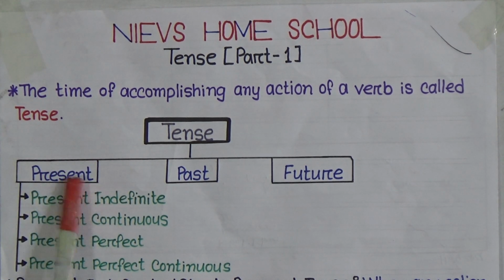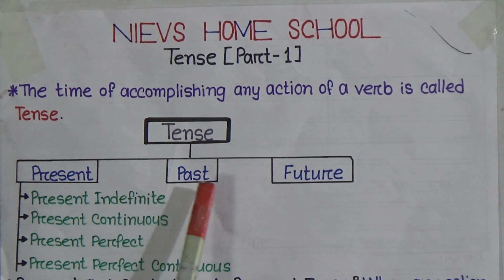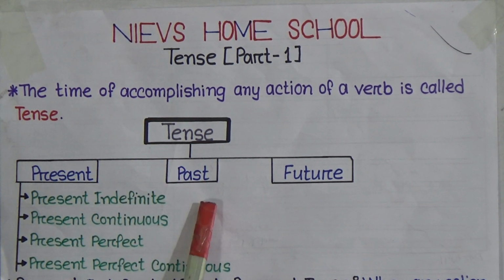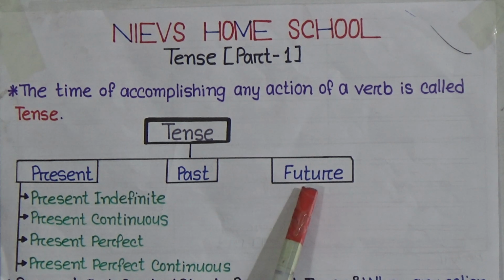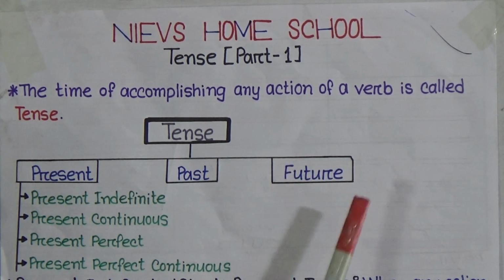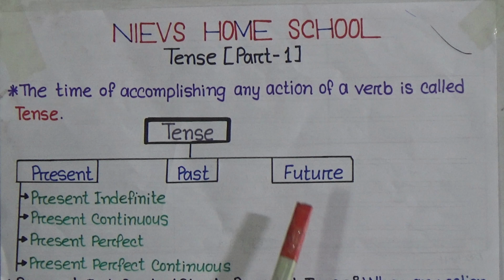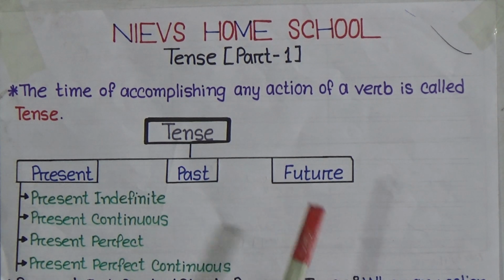Present tense is divided into present indefinite, present continuous, present perfect, and present perfect continuous tense. Also, we can divide past tense as past indefinite, past continuous, past perfect, and past perfect continuous tense.